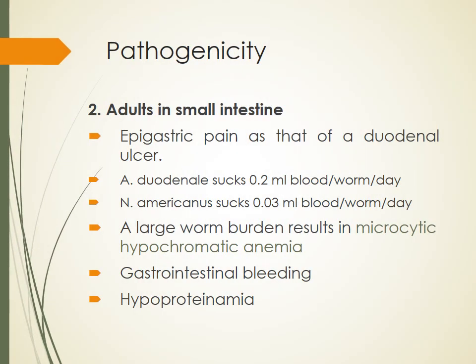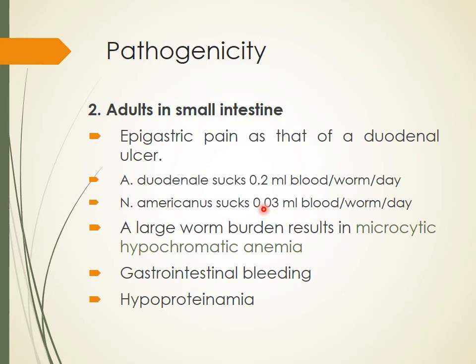The pathogenicity due to adult worm in the intestine: there would be epigastric pain and constant blood loss. If you compare, Ancylostoma duodenale sucks more blood because it is a larger worm compared to Necator americanus. A. duodenale sucks 0.2 ml of blood per worm per day, and here it is 0.03.